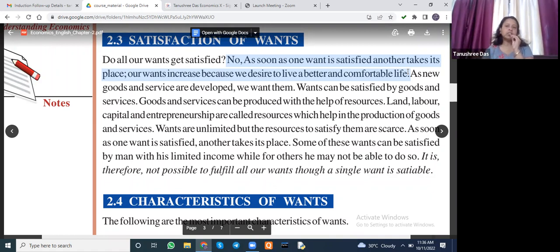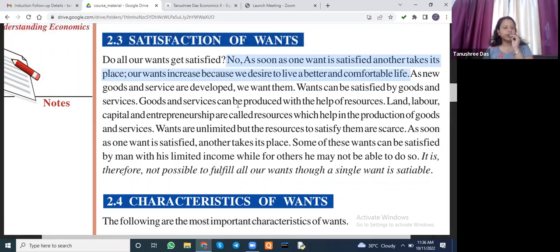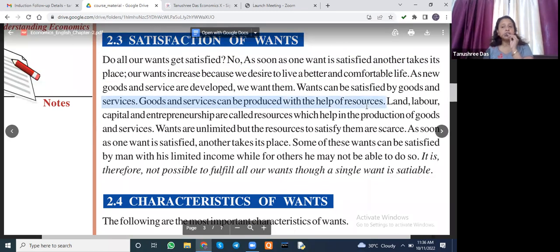So for such things, we need income, and income can be generated with the help of production. Goods and services are to be produced with the help of resources. Which are the resources here? Land, labor, capital, and entrepreneurship. These four things are known as the four factors of production.